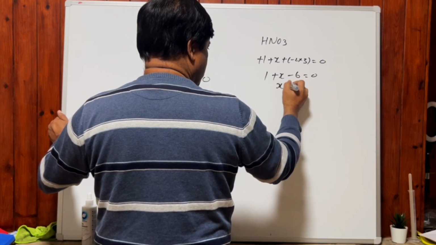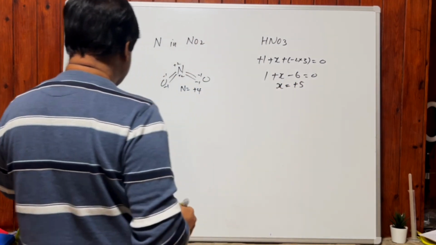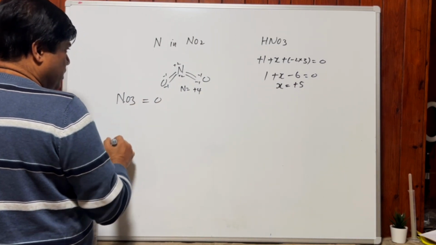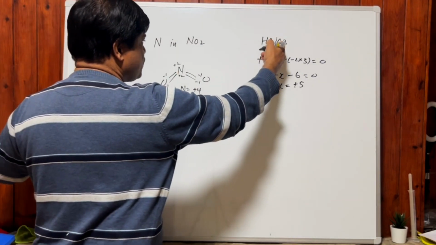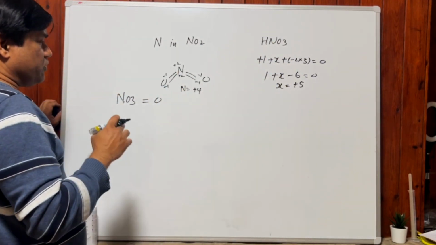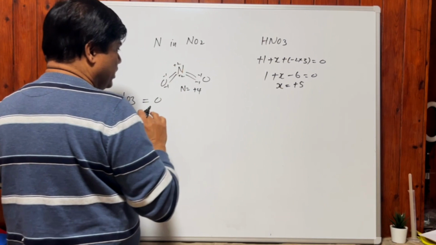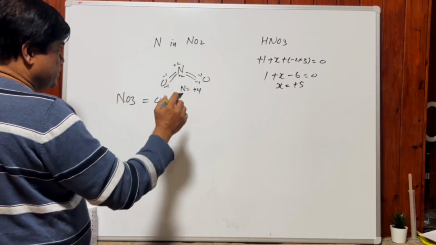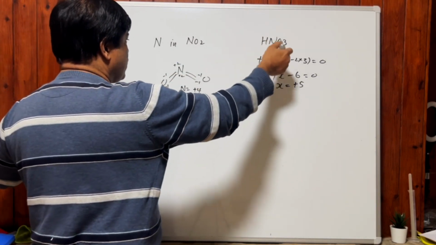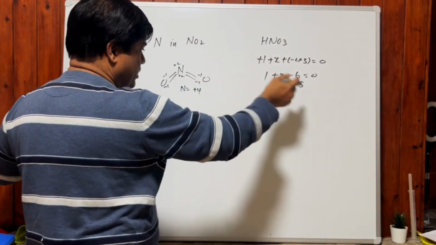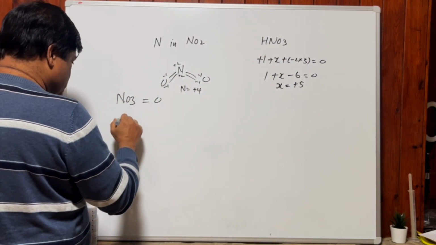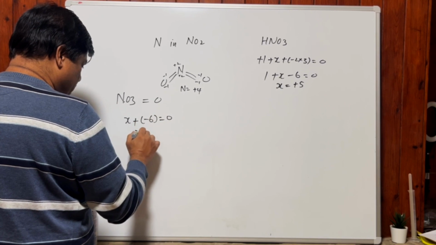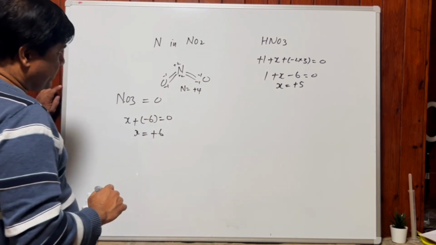X equals plus 5. Here also equals 0. Because of the dative bond, nitrogen and oxygen sometimes form a dative bond, 100%. That's why I can't draw the structure. The structure will not help you to figure out the oxidation state of nitrogen, but we can use the formula. X minus 6 equals 0, X equals plus 6.